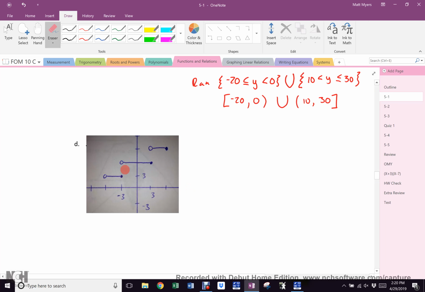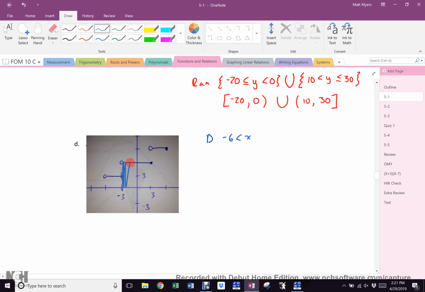Now, let's get really tricky. What's the domain? Negative 6. Okay. Less than x, and what does it go up to? No. Because what happens at negative 3? What happens right here?